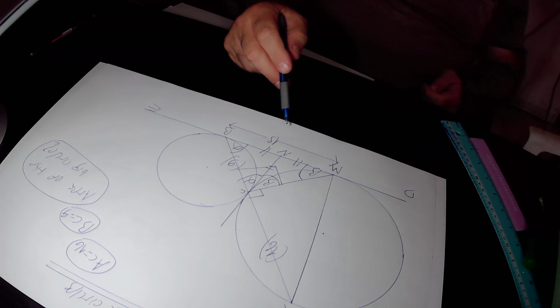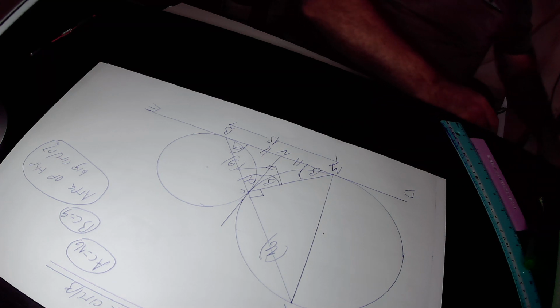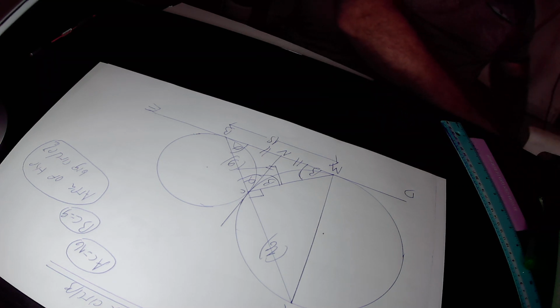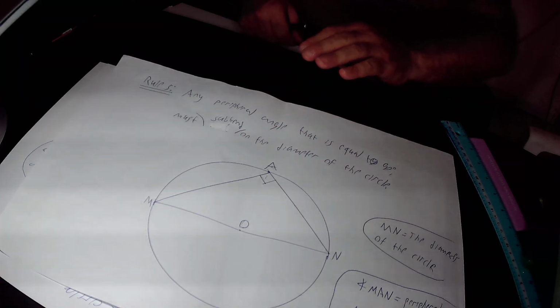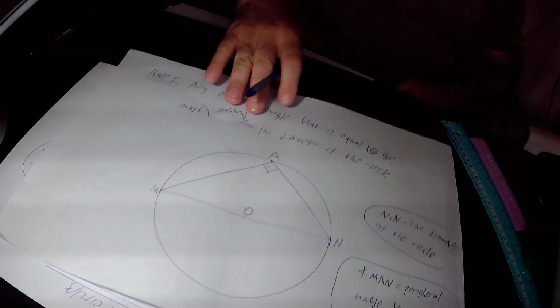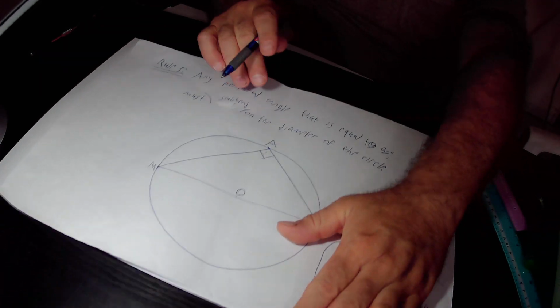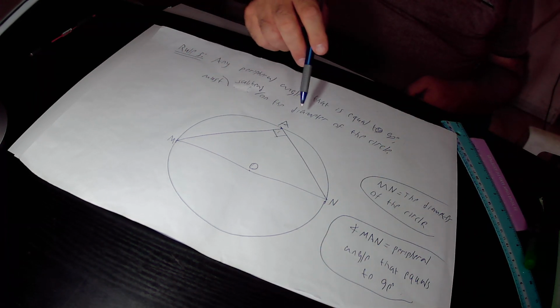Now we can implement here rule 5. So I'll repeat quickly on rule 5. According to rule 5, any peripheral angle that is equal to 90 degrees must subtend on the diameter of the circle. In the drawing we have a circle, and this is peripheral angle MAN.